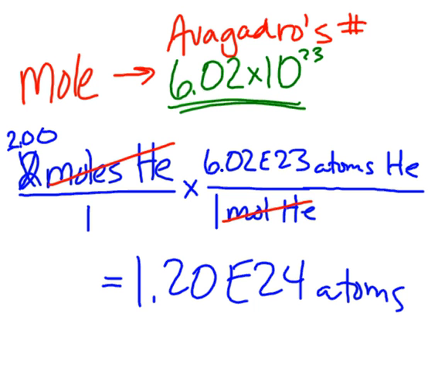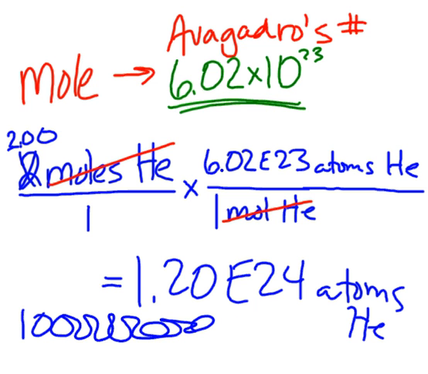So making that 2.00 moles, I would end up with 1.2 times 10 to the 24 atoms of helium. And obviously that's a huge number. That's 1 with 23 more zeros afterwards, a big number.